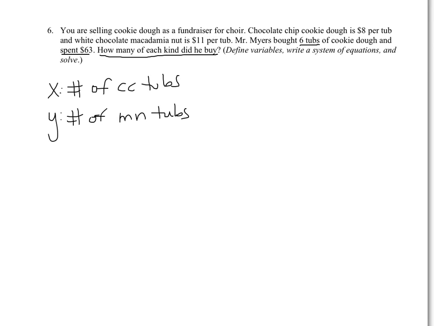So the number of cookie dough tubs, which is x, plus the number of macadamia nut tubs, which is y, has got to equal 6 total tubs. Then we know that he spent $63. The chocolate chip cookie dough tubs are $8, so you just do 8 times however many he bought, which we don't know, is x, plus 11 times however many macadamia he bought, because macadamia is 11, equals $63. And there you have it.